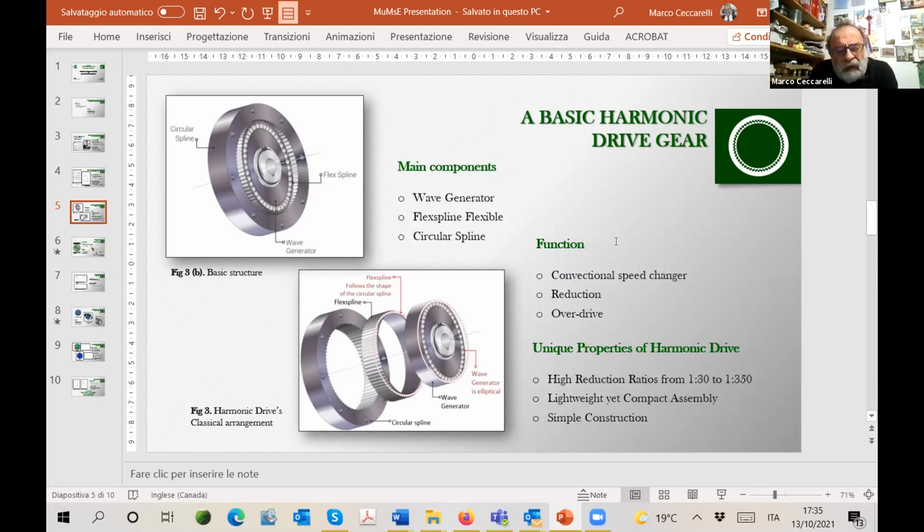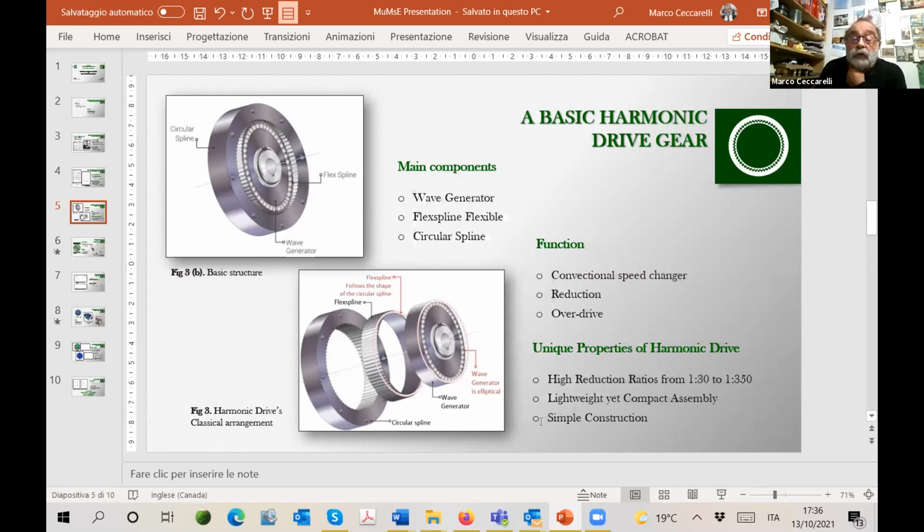Nowadays, I may say that the flexible spline is made not only of plastic material, but also of very flexible metallic parts, in order to increase the life or the fatigue durability of the gear, the transmission, because in this motion the flexible spline has a peculiar functioning, having an elliptical shape that changes over one round during the transmission.